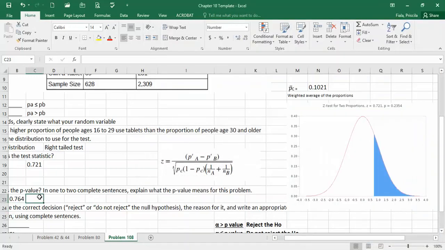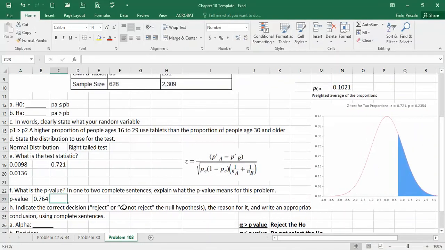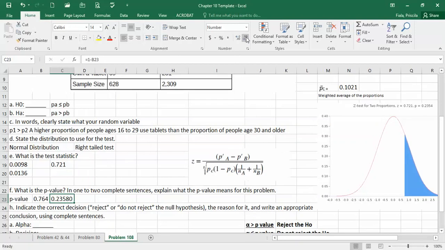So what we need to do is 1 minus the value that I just found, which is about 0.236, which in here is 0.2354.